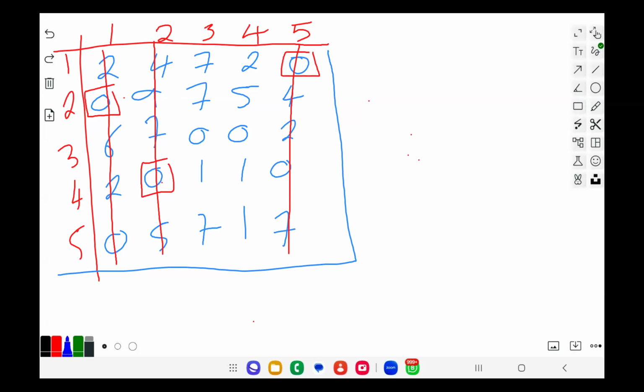Okay. Then let's come to the columns. Let's start with the first column, which has already been deleted during the row reduction. The columns are these that are vertical. Even the second column has already been deleted. You're following, eh? Yes. Then when you go to the third column, there is one 0 in the third column, so you draw a box.